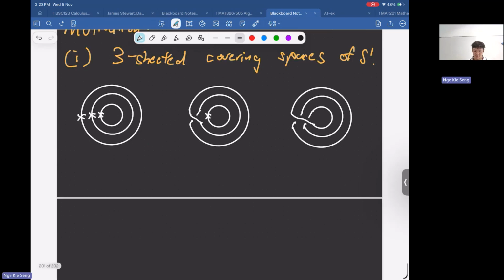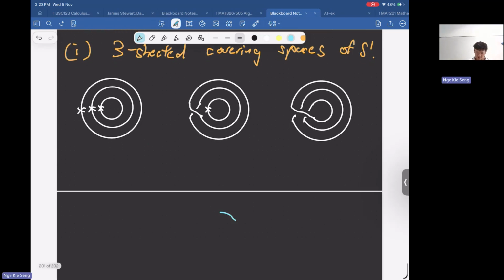Okay, so let's say this is the covering space of x1. Just draw x1. If you take this point, you can consider any pre-image of them. And then you consider a loop around this base point.